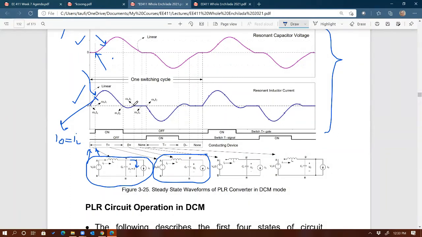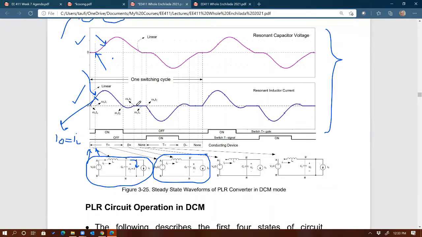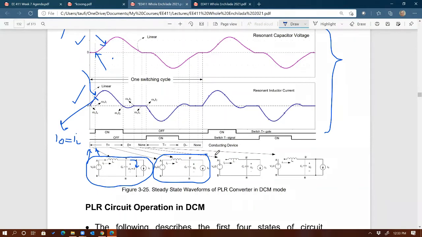And then when the inductor current reaches zero, we have none of the devices conducting. So right here the circuit state changes to this one. If none of the devices are conducting, then we are allowing the capacitor to fully discharge with a constant current I out.